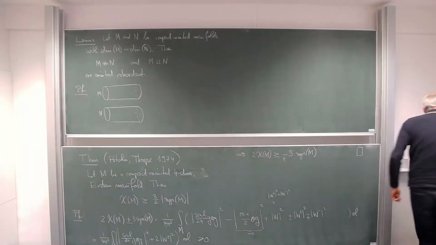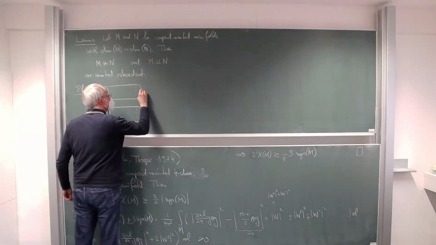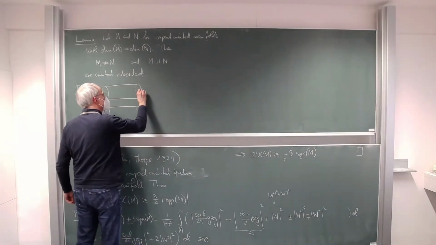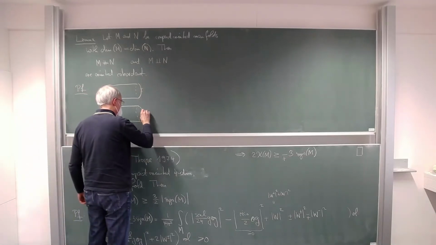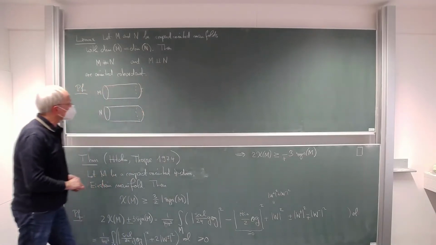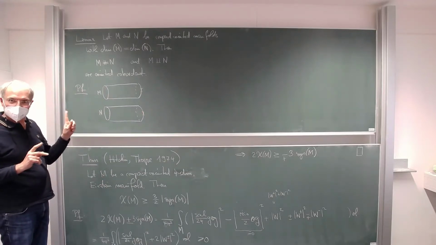So suppose this is the ball in M, which I want to remove, and this is the ball in N, which I want to remove. I don't remove them, I just indicate them, I color them.